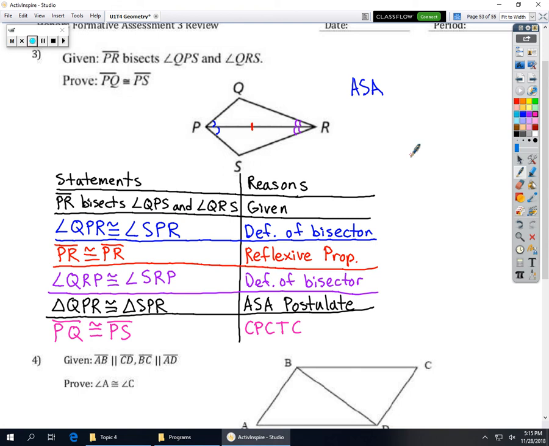CPCTC. Remember, that stands for, let me write it here, CPCTC. That means corresponding, this is hard to write, I regret this, corresponding parts of congruent triangles are congruent.